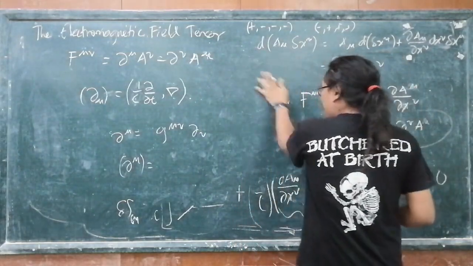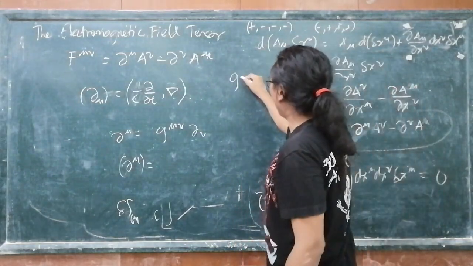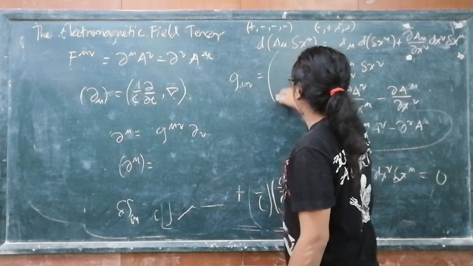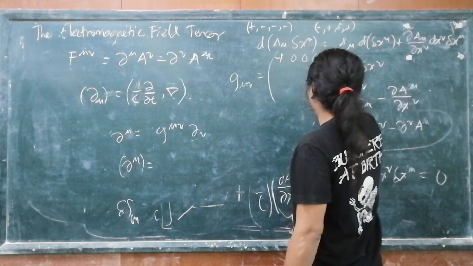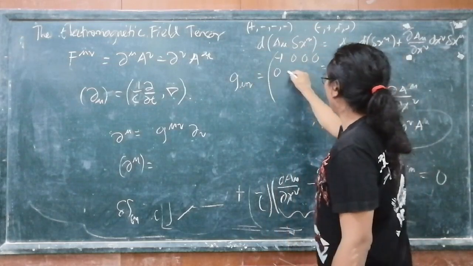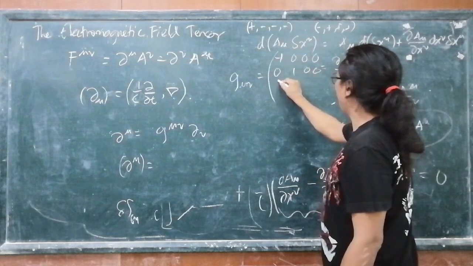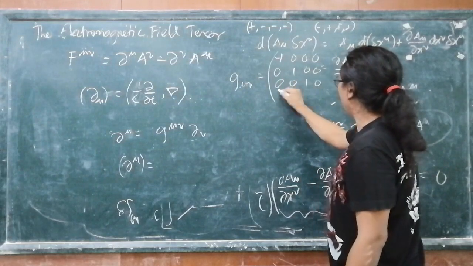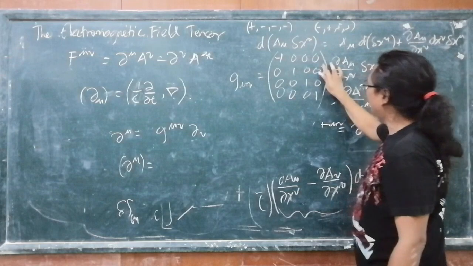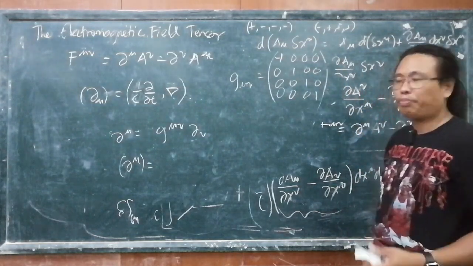We are still in Minkowski space, where g^{μν} is equal to diag(−1, 1, 1, 1), that is, negative 1, 0, 0, 0, then 0, 1, 0, 0, 0, 0, 1, 0, 0, 0, 0, 1. We'll be using that metric now.